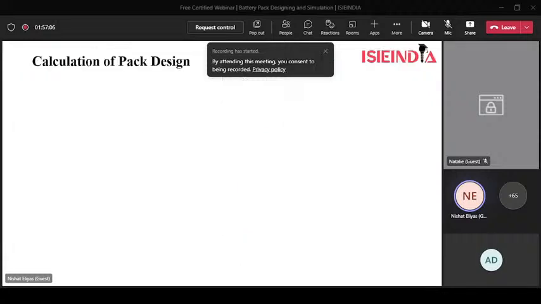Some of the basic parameters I have chosen for designing the battery pack: I am designing a battery pack for a two-wheeler, where I have decided to take the range as 200 kilometers.